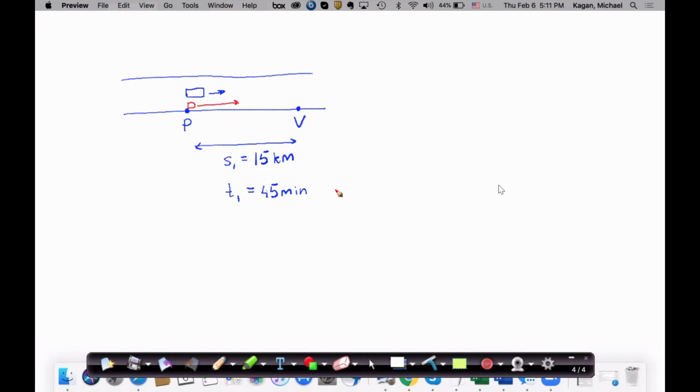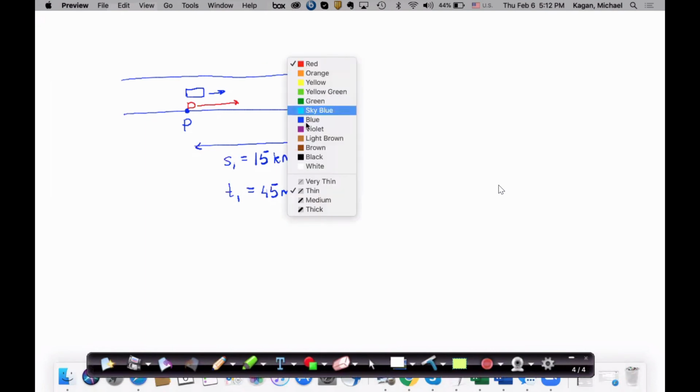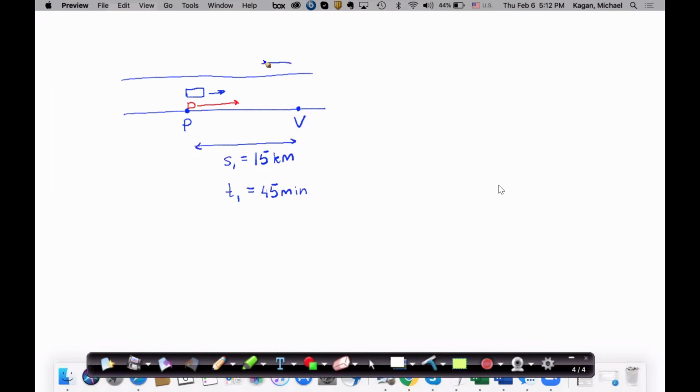Then it turns around right away and starts immediately moving back towards the starting point. At distance S2, it meets the barge again, the second time. And S2 is 9 kilometers from the village.